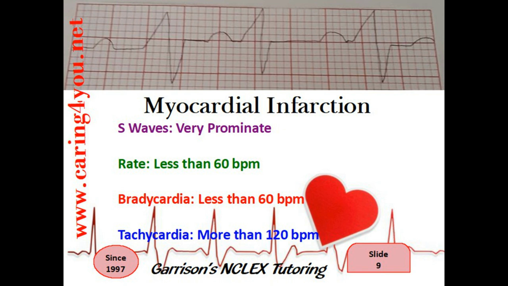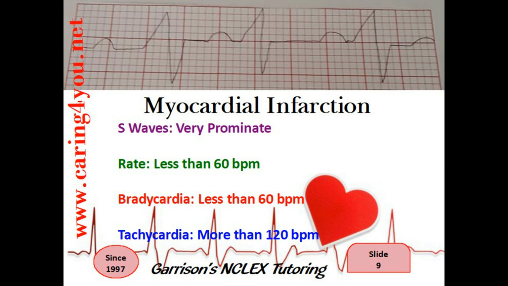So here we have a myocardial infarction because the S wave is extremely prominent. The beat is 30 beats per minute, and we're done. If the NCLEX shows you this, it is a myocardial infarction. If it's less than 60, let's say you have a prominent S wave, but there's 50 beats per minute, that's still an MI.